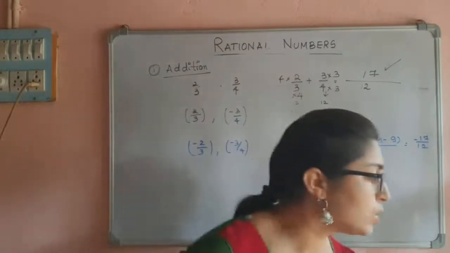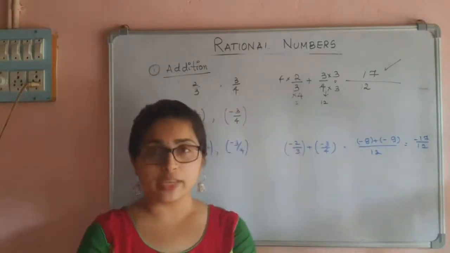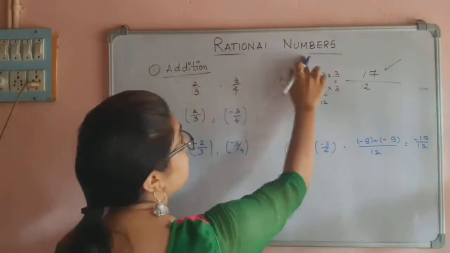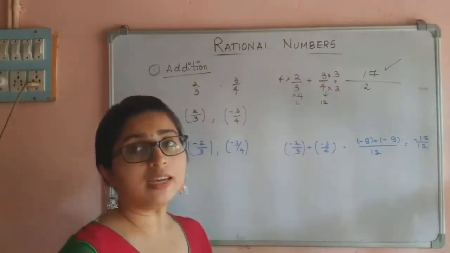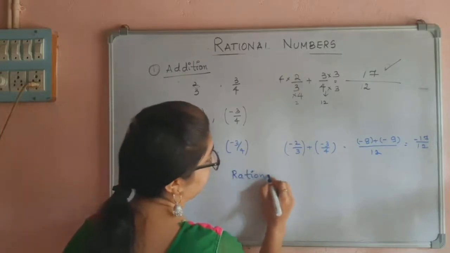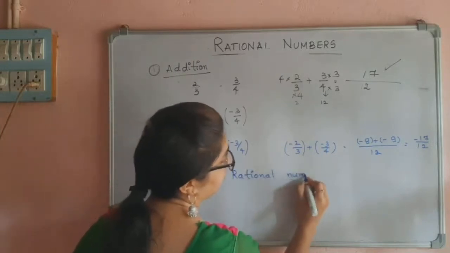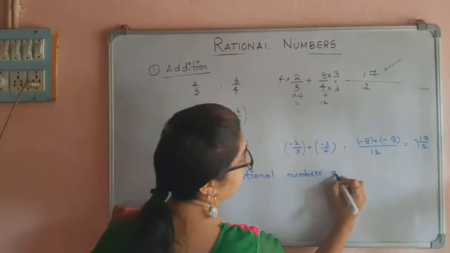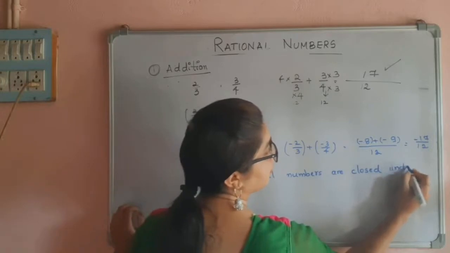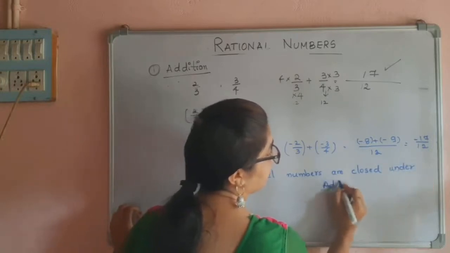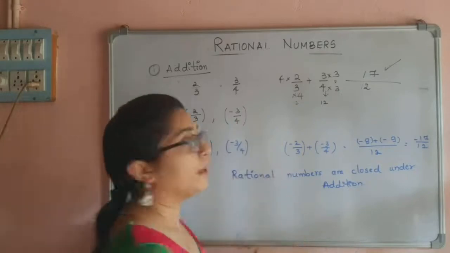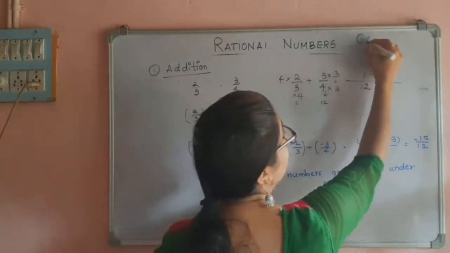So this is also a rational number. So we can say that the rational numbers are closed under addition. So this is the closure property. Okay, so this is the first one, closure property.